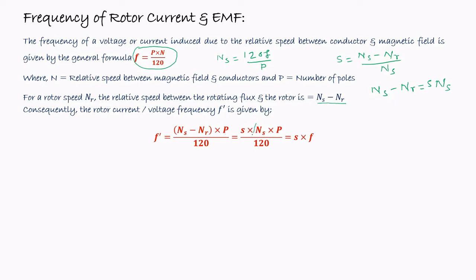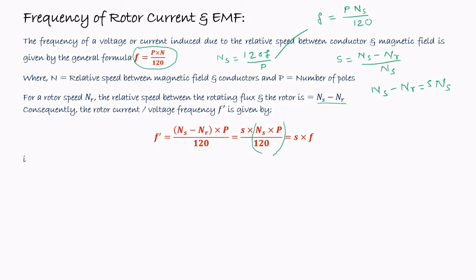If we consider the part Ns × P / 120, it equals the supply frequency, because we already discussed that Ns = 120 F / P, so F = P Ns / 120. So we can write F in place of that part.